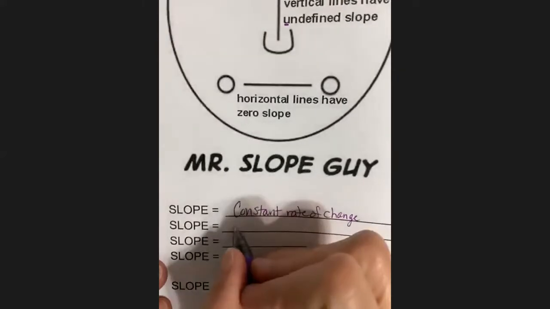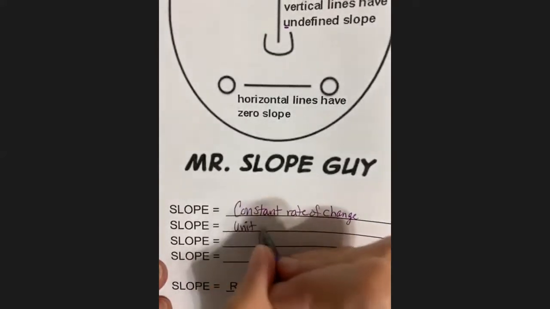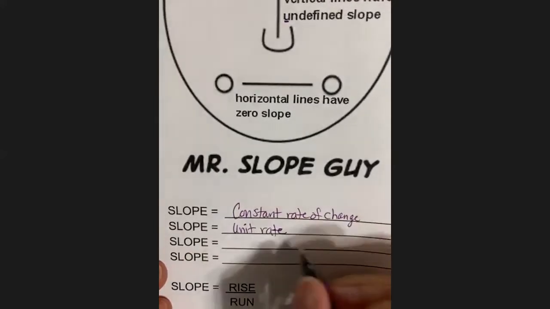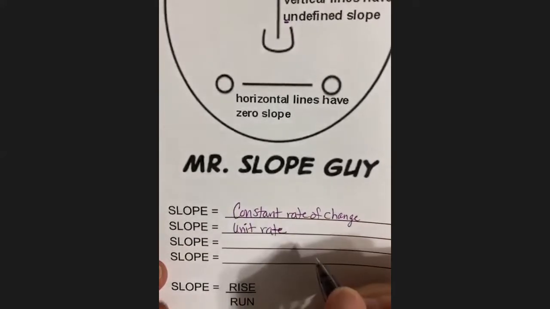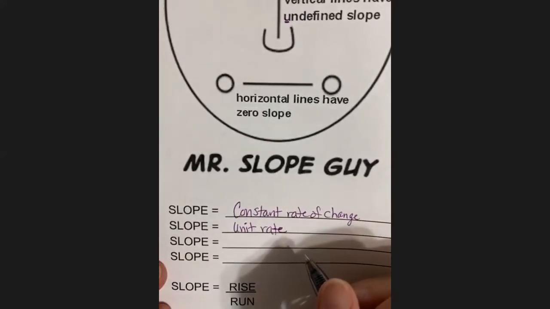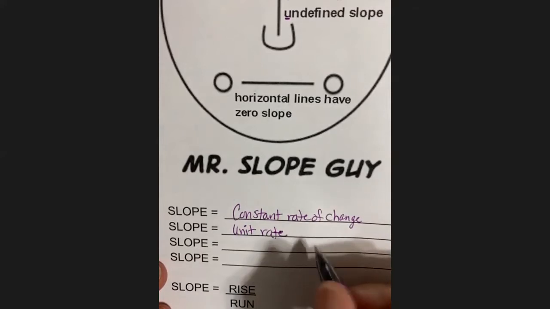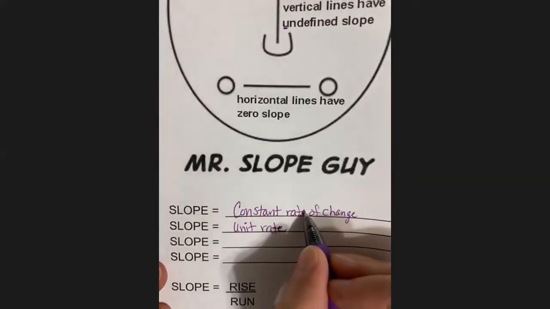Slope is also sometimes looked at as a unit rate, a comparison of rise over run. It might be miles per hour, where you're measuring miles on one axis, hours on the other axis, and drawing a line, and that constant rate of change that you're traveling.